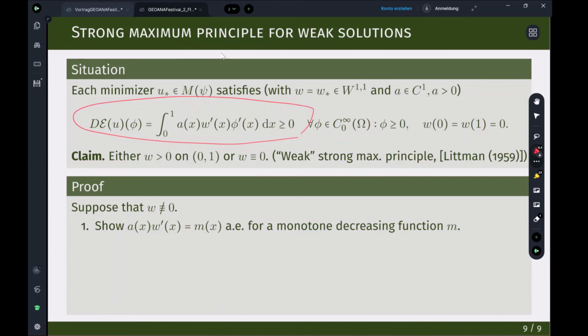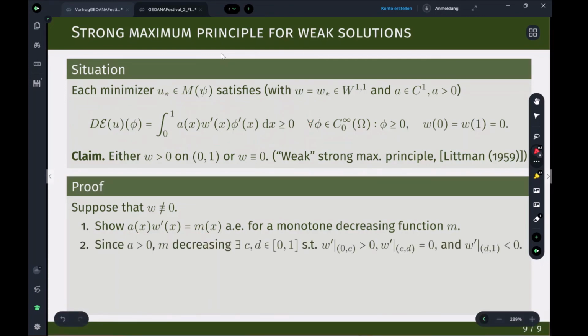This is actually an immediate consequence of the Riesz-Markov-Kakutani theorem, if you know it. But in any case, even though you cannot really perform an integration by parts here, it is enough to conclude that this AW star is a monotone decreasing function. And by the way, W is just a shorthand notation of W star.